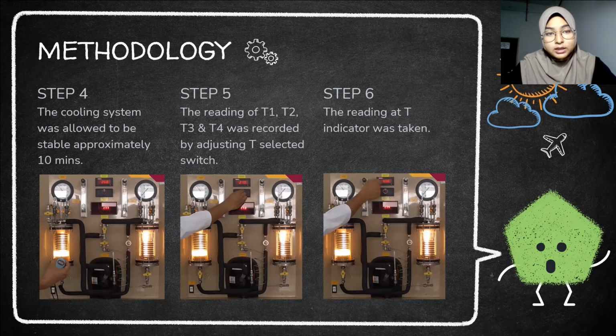Step 4, the cooling system was allowed to stabilize for approximately 10 minutes. Step 5, the readings of temperature 1, temperature 2, temperature 3 and temperature 4 were recorded by adjusting the temperature selector switch. Step 6, the reading at the temperature indicator was taken.